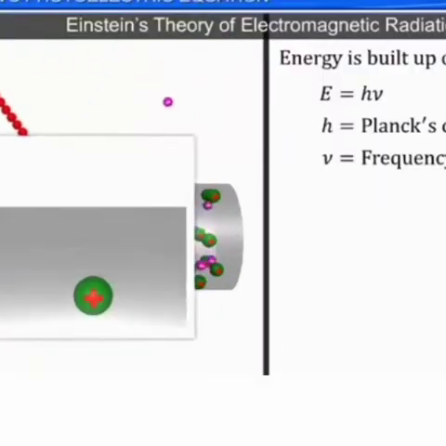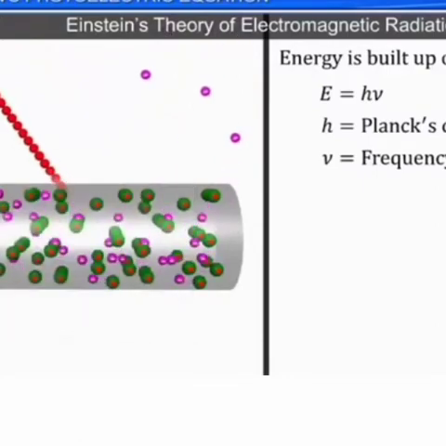When photons are incident on the metal surface, the electron of the metal absorbs energy from the photon. The minimum energy required for the electron to just escape from the metal surface is called the work function phi naught.